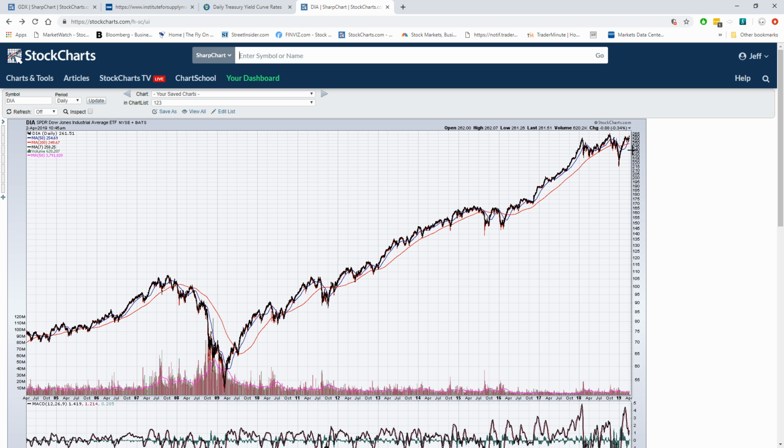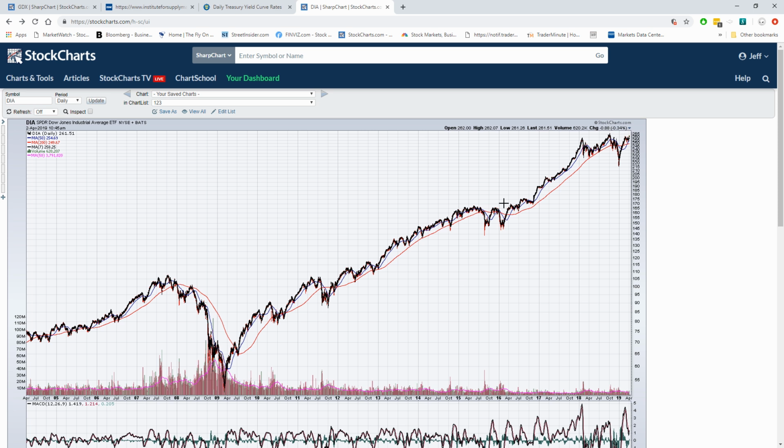Now, there's nothing to say that it can't whipsaw back or do something like it did right back here in 2015. But what happens next will not be determined by the cross on the charts. It's not going to be a causation type of thing. The 50 and 200 is not going to cause something.